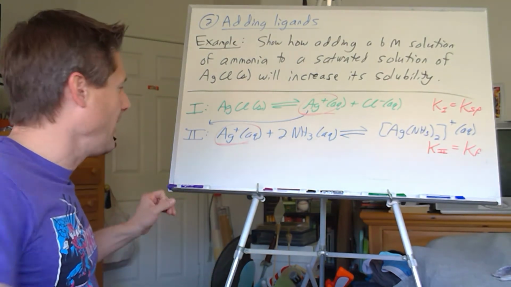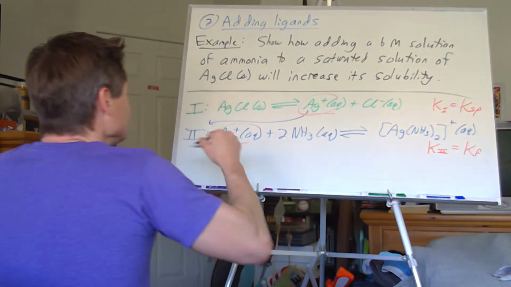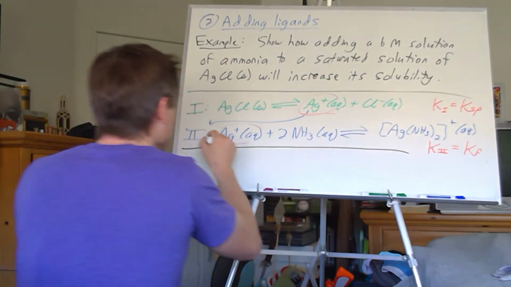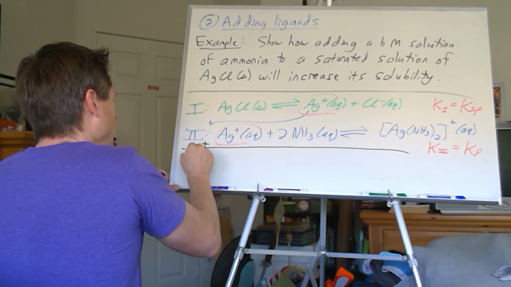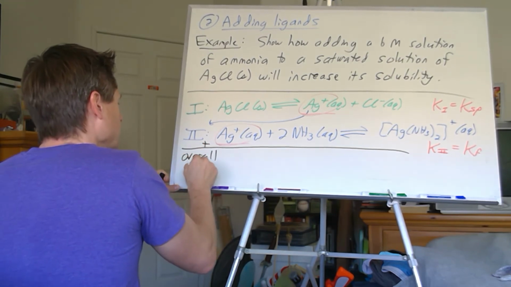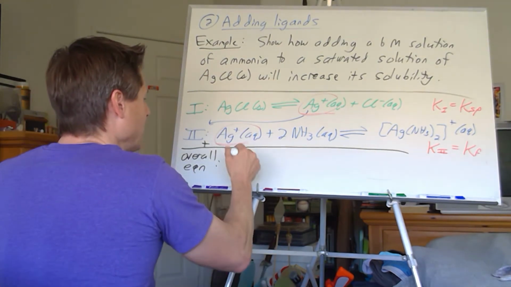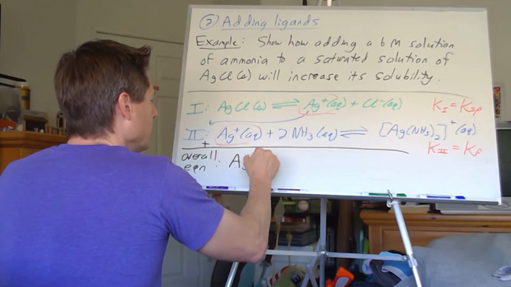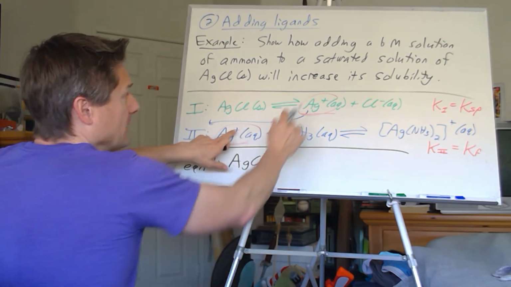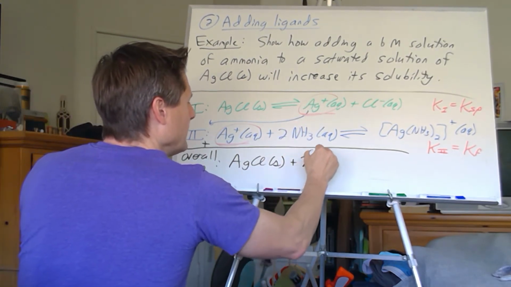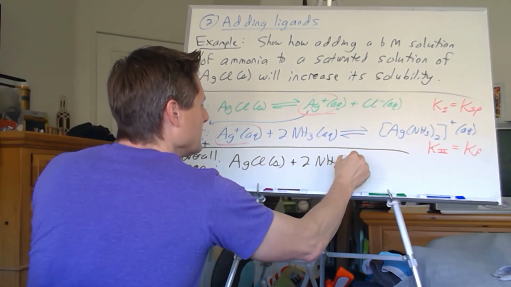All right, here we go. Let's add these together. So here's our overall equation. We did this a lot in chapter 15, didn't we? We're going to have the silver chloride solid. The silver ions go bye-bye. So we're effectively adding the two ammonias.